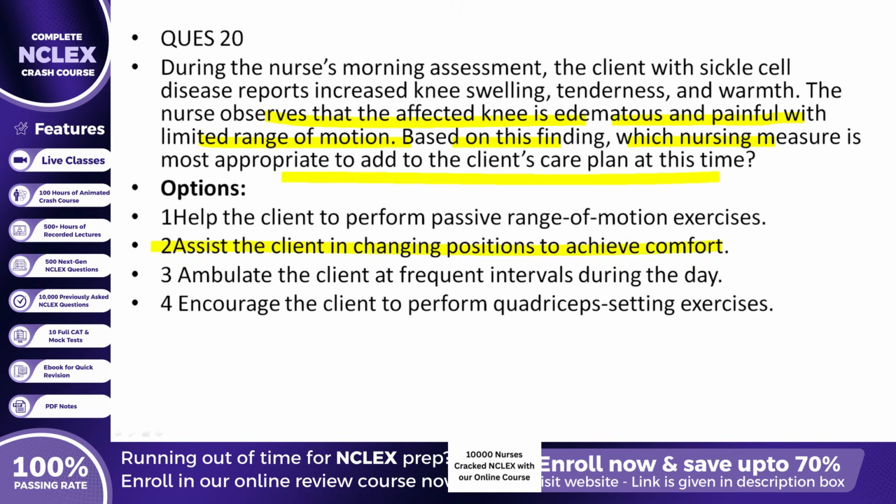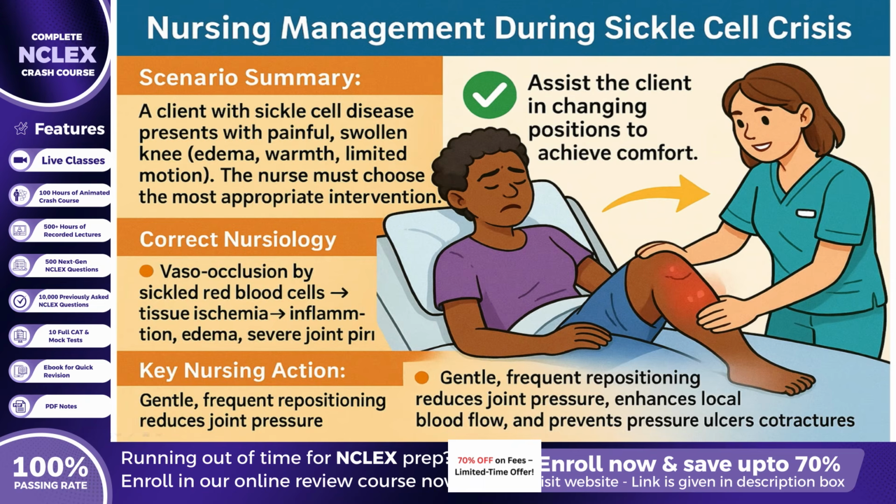Now let us explore why this option is correct. During a sickle cell crisis, joint pain and swelling, particularly in large joints such as the knees, result from vaso-occlusion, where sickled red blood cells obstruct blood flow and deprive tissues of oxygen. This localized ischemia produces inflammation, edema, and severe pain.